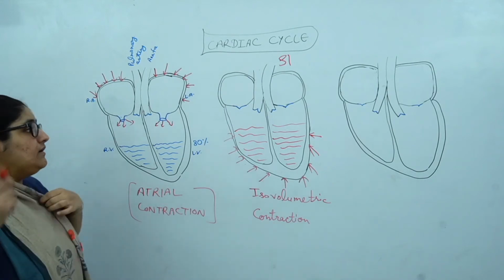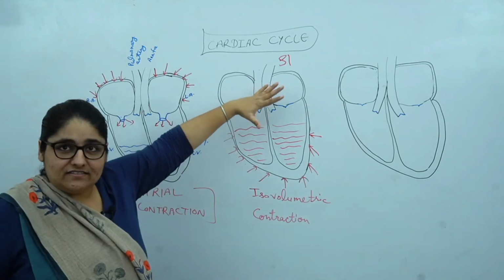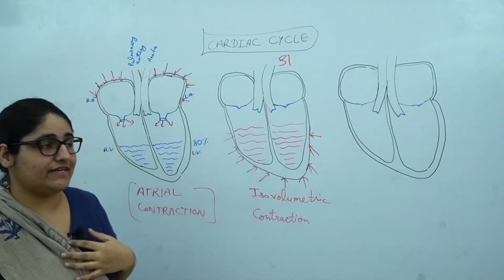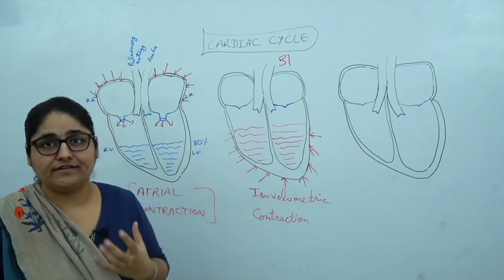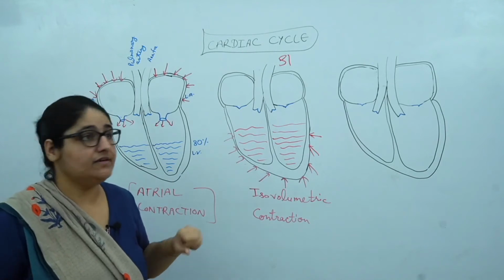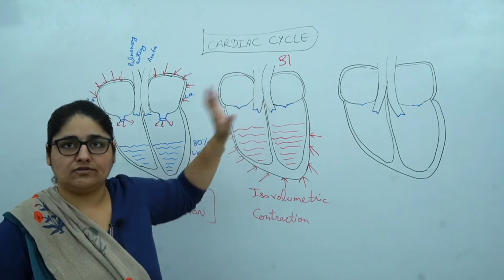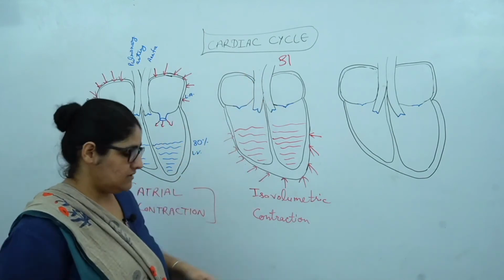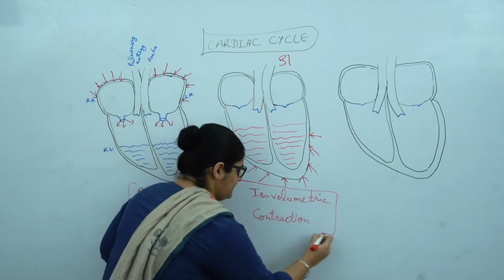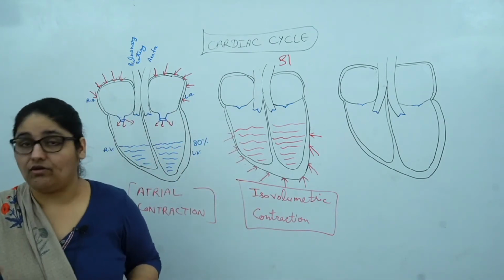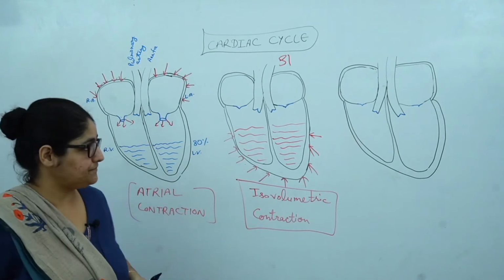Now, the atria will relax and the ventricle will start contracting. When the ventricles are contracting, at this time the ventricles behave like a closed chamber because blood is not entering the ventricles and blood is not going out from the ventricles. So this stage is called isovolumetric contraction of what? Of the ventricles.